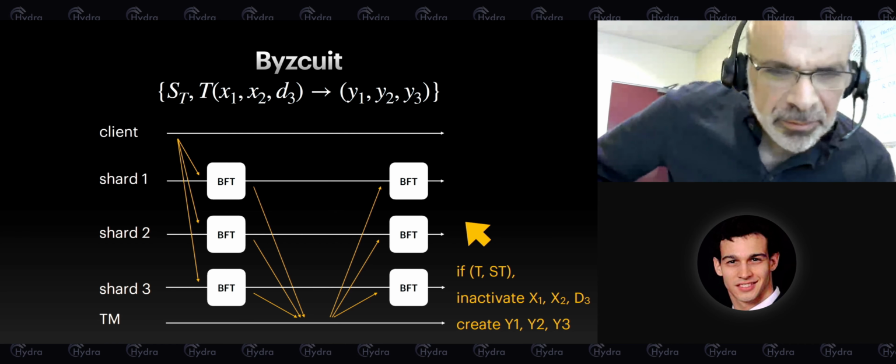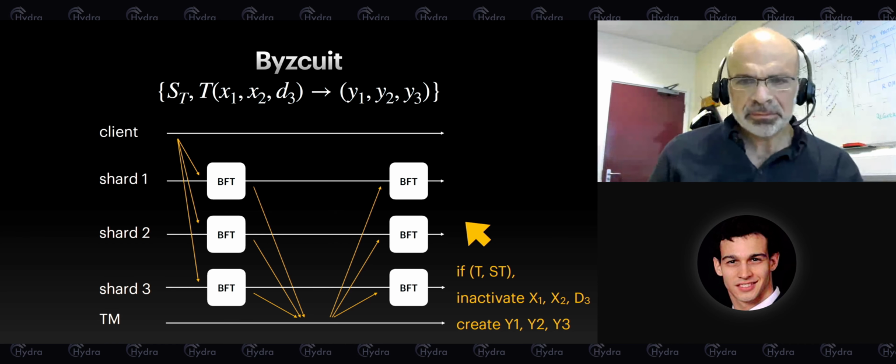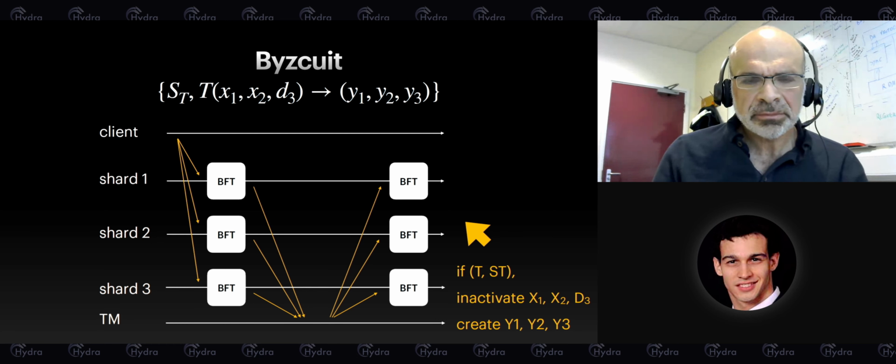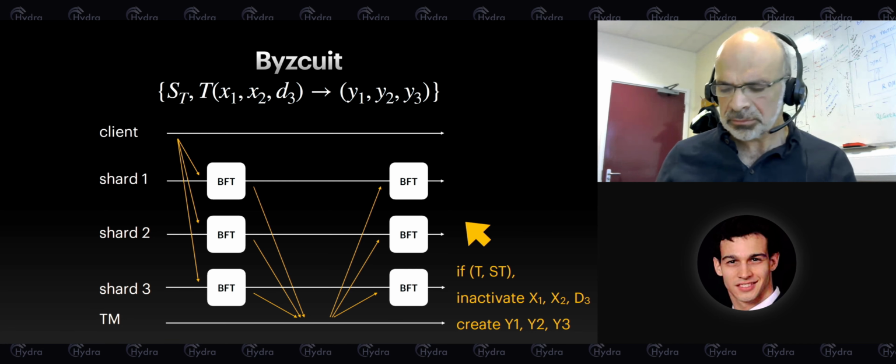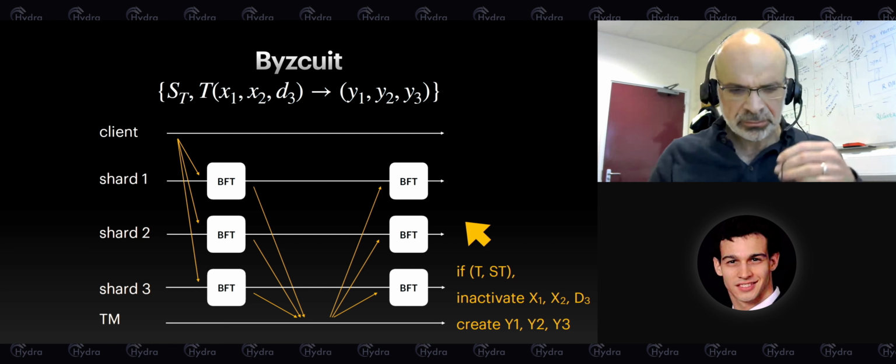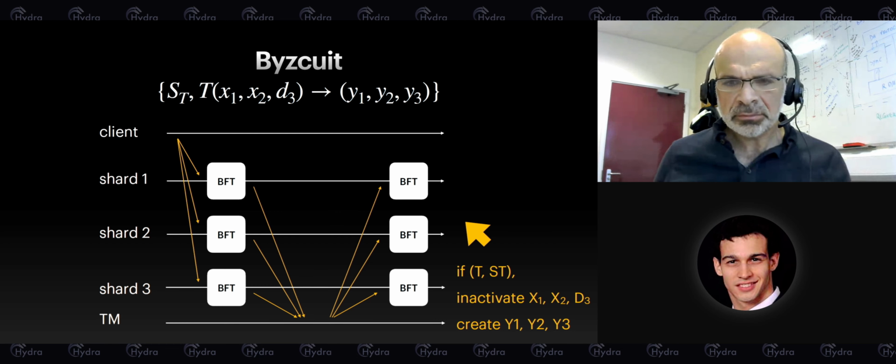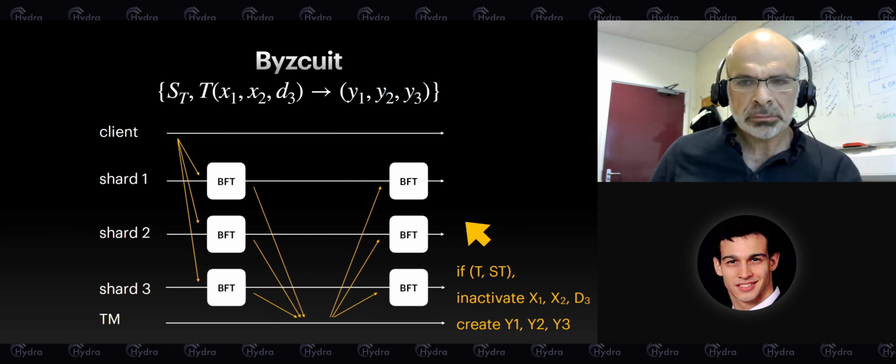Yes, exactly. So in Biscuit, there is a special party called the TM, which is the coordinator. In Atomix, another protocol, the client is the coordinator. How Atomix works is that the client acting as coordinator has all incentives to keep the protocol alive because it's spending its own coins.